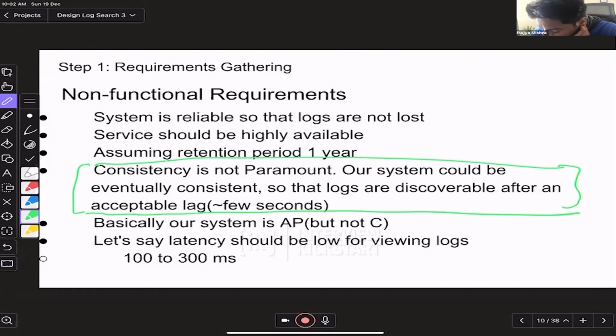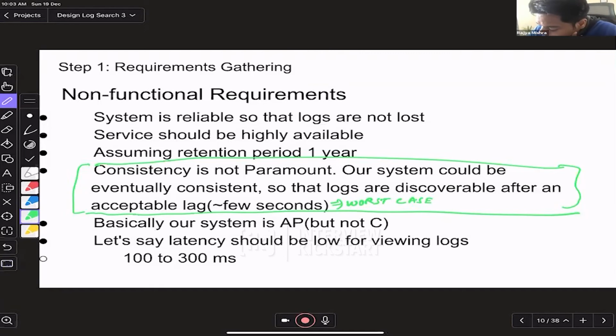So if there is a lag of a few seconds, and this is the worst case, maybe after 300 milliseconds or 400 milliseconds I'm not getting logs from everywhere.